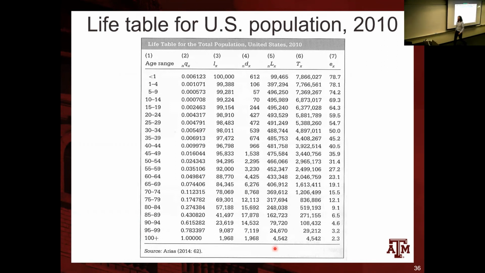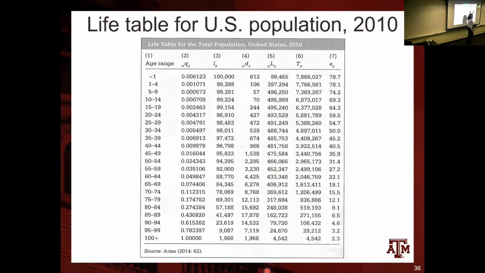How did I get this 108,000 here? 108 is 79,000 plus 24 plus 4. This number here, this plus this plus this plus this, until we get here. What is this number? This one plus this one plus this one plus everything here.